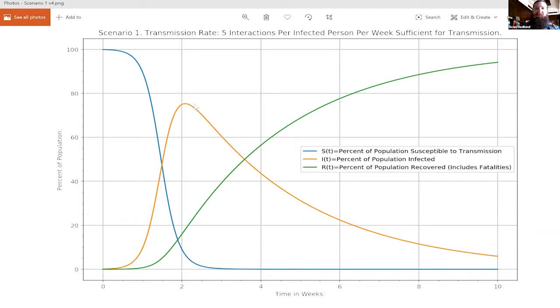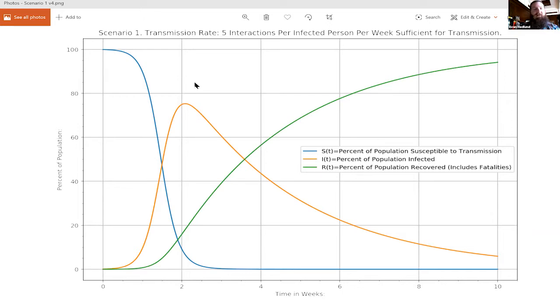This is the curve that you've been hearing that we want to flatten. And the reason for that is simply that if this curve spikes too high, we have the potential of overwhelming health services.